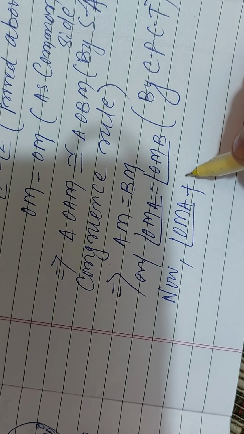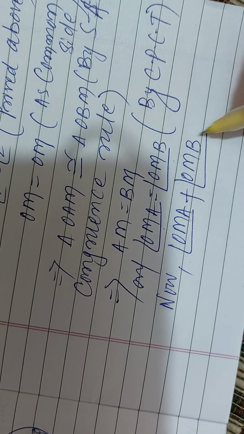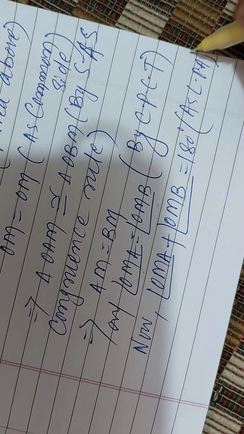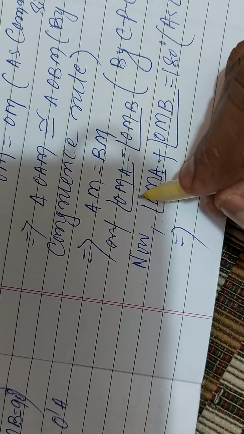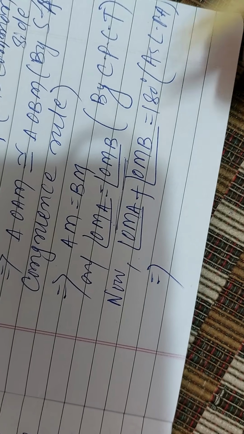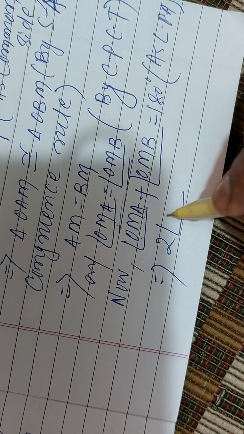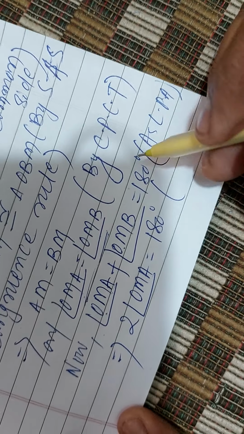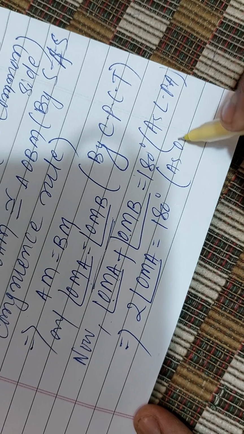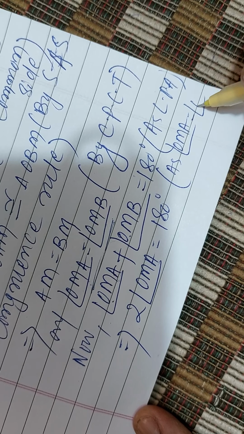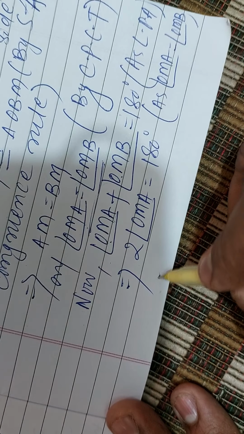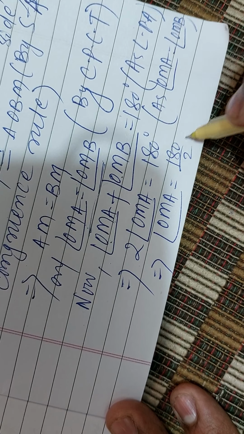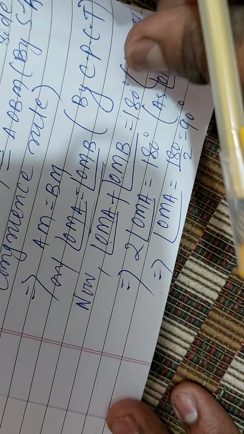As these two angles are equal, twice angle OMA equals 180 degrees. So angle OMA is 180 by 2, that is 90 degrees.